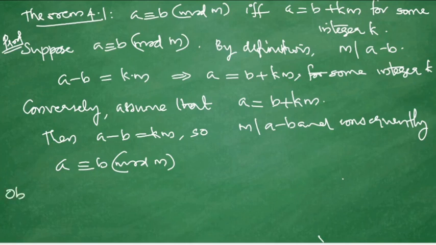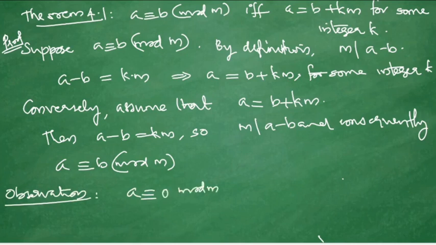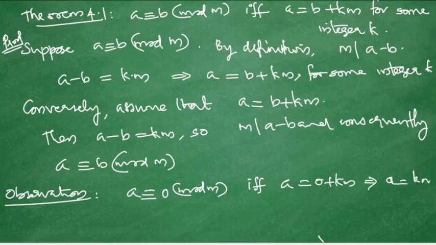So one important observation. If b is equal to 0, we can say that a is congruent to 0 mod m if and only if a is equal to some k times m.